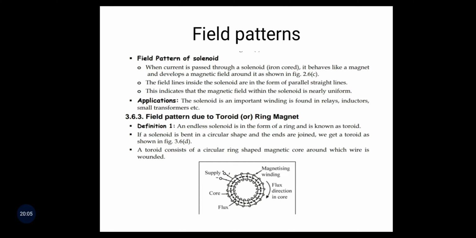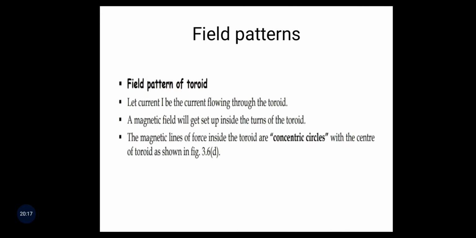The generated flux flows in the toroid only. Let I be the current flowing through the toroid.